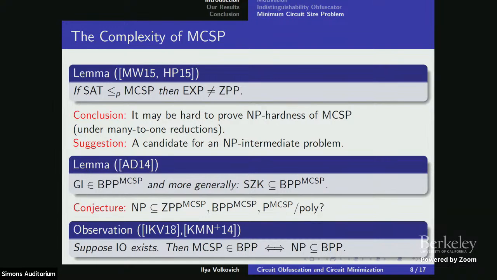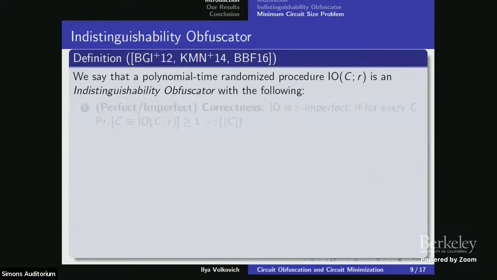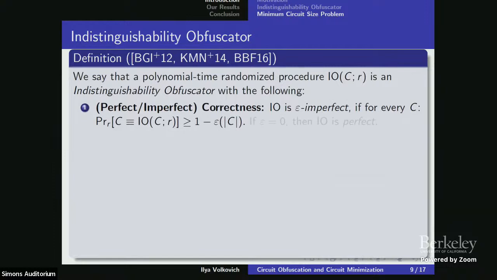So I do want to say two more words about iO before I give you the results. Questions about that? Again, I'm not going to introduce iO from scratch, but I do want to make a few specifications in terms of what we want from an iO. The main properties that we want are, one, correctness, and we actually want to talk about it more broadly. Usually when you talk about iO, when you obfuscate, you want the obfuscated circuit to have the same functionality.